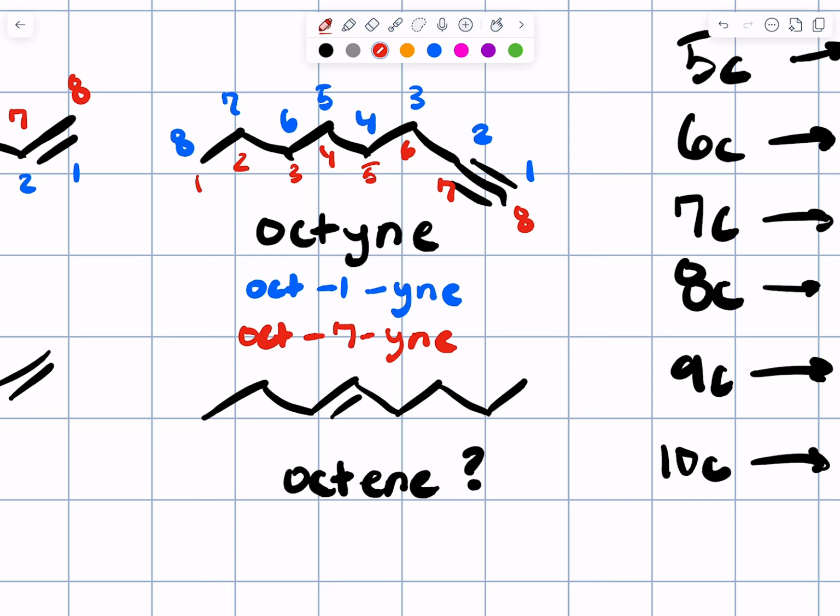Yeah, it does. But IUPAC has said that that is wrong, and so that's what we have to go with. So IUPAC says we must minimize our numbers. So we need to number our molecule that gives the lowest numbering to our interesting parts of our molecule.